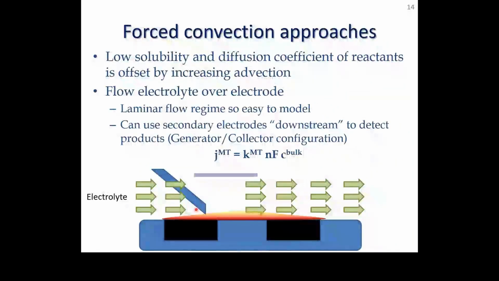One of the benefits of this approach is that you can also use secondary electrodes downstream in order to measure the products that are being generated, and that's what I show here. Here's our primary electrode on which the first reaction is occurring. The electrolyte then takes our product downstream to another electrode where we can do further reaction. That process is called a generator-collector system.